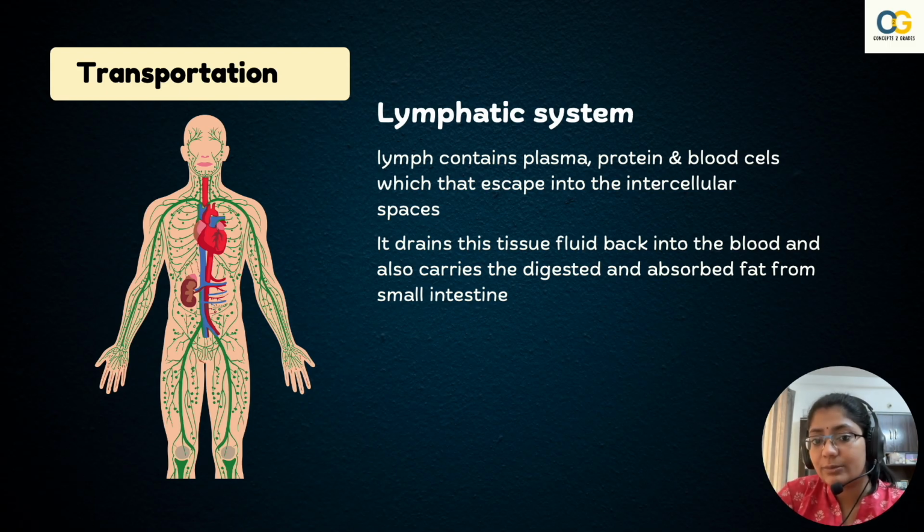It carries absorbed fat. So that is why there are lymphatic drainage massages for fat loss. Basically it is a fluid that carries digested and absorbed fat from the small intestine, and it takes it across different parts of the body. So you drain it accordingly, such that there is no fat stored at that particular site.